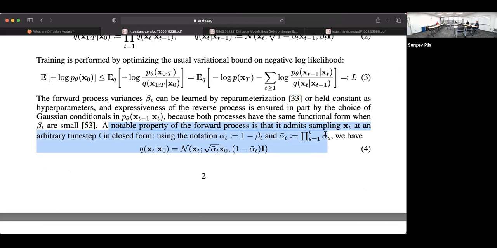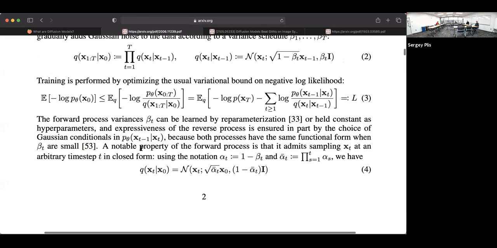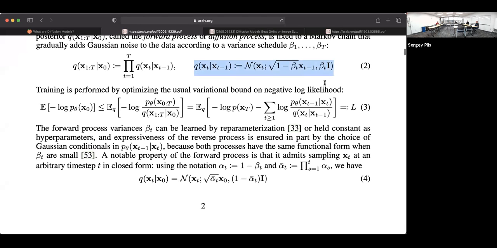A notable property of the forward process is that it admits sampling xt at an arbitrary time step t in closed form, using the notation alpha t equals 1 minus beta t, and alpha bar t is just sort of like the joint product of each of those alpha t's. So then, instead of writing this recursive process, which I showed before, we can just sample xt in the forward process directly from x0.